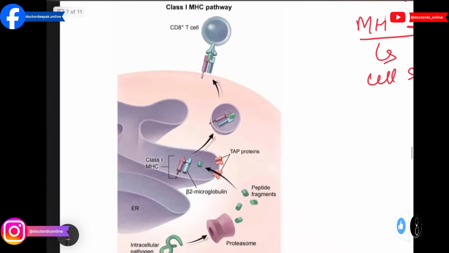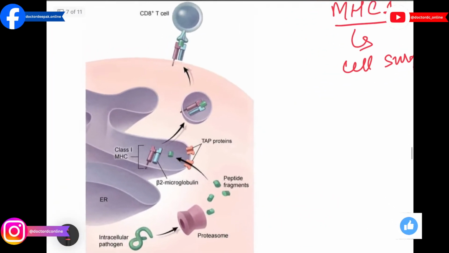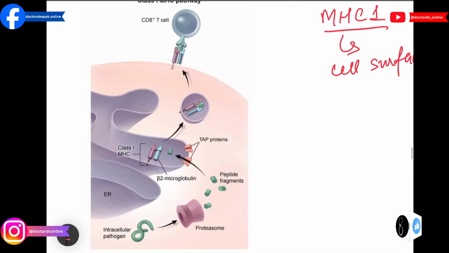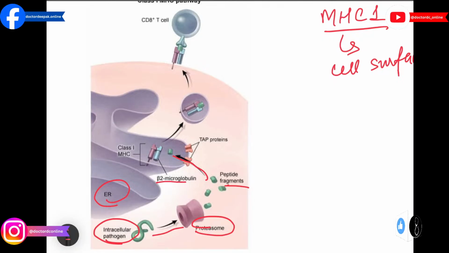I also have one diagram here. If you see it, look at it. There's an intracellular pathogen that goes to proteasomes, and the proteasome makes peptide fragments of that pathogen, and they will go to the endoplasmic reticulum. And there is the presence of beta-2 microglobulin.